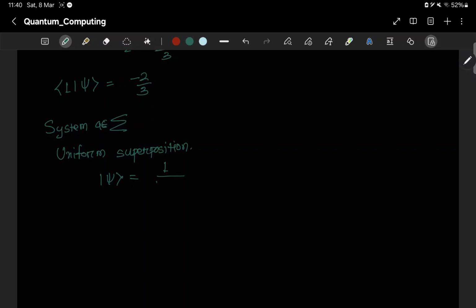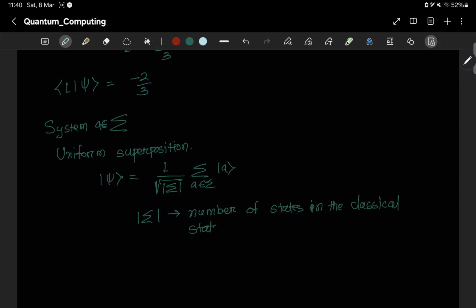So this is the coefficient of each of the different classical states. These are the classical states, right? So this thing is the number of states in the classical state set sigma.